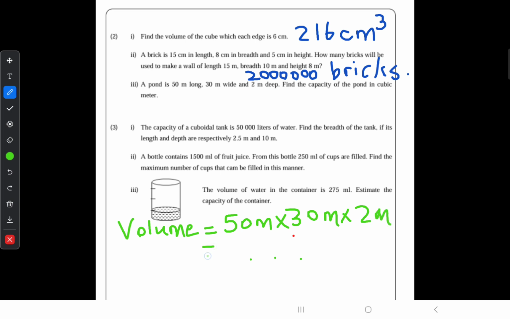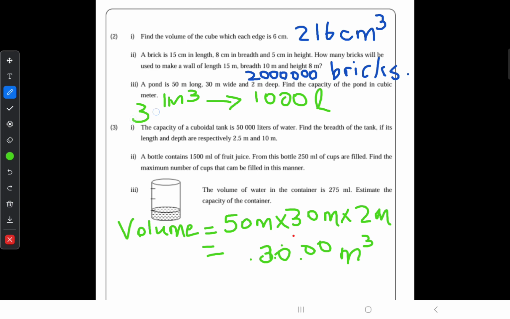When you multiply all these, 5 3s are 15, 2s are 30. 3000 cubic meters. We know 1 cubic meter indicates a capacity of 1000 liters.